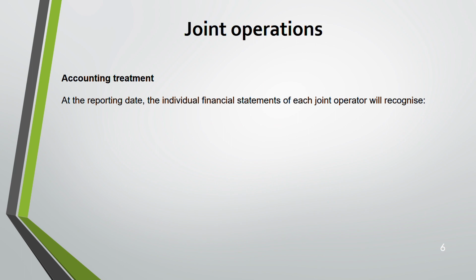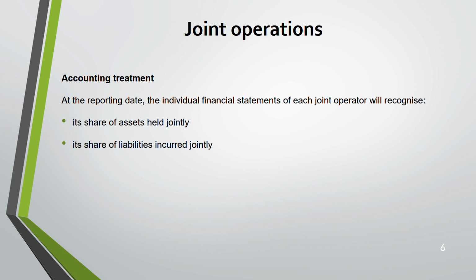Coming to accounting treatment in your individual financial statements, how will each joint operator recognize? They will recognize its share of assets that is held jointly. Let's say you are holding 30%, the other one is 40%. So you will recognize 30, the other one will recognize 40 in their own financial statements.